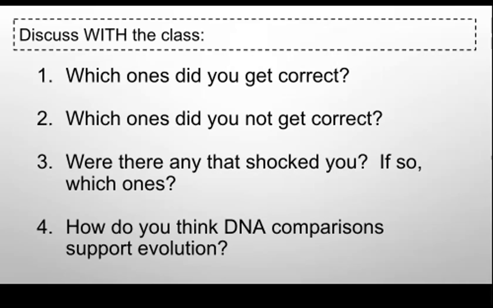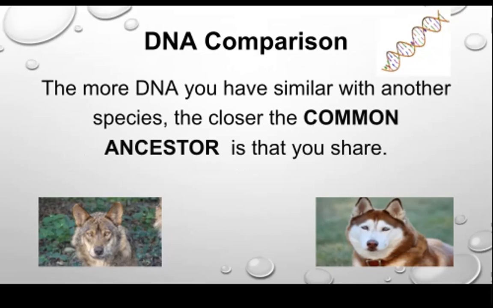That's not what this is telling us, right? Comparing DNA simply tells us that we are related to each other. So, the more DNA you have in common with another species, the closer of a relative they are. Not that you evolved from them, okay? This is a poor choice of pictures.